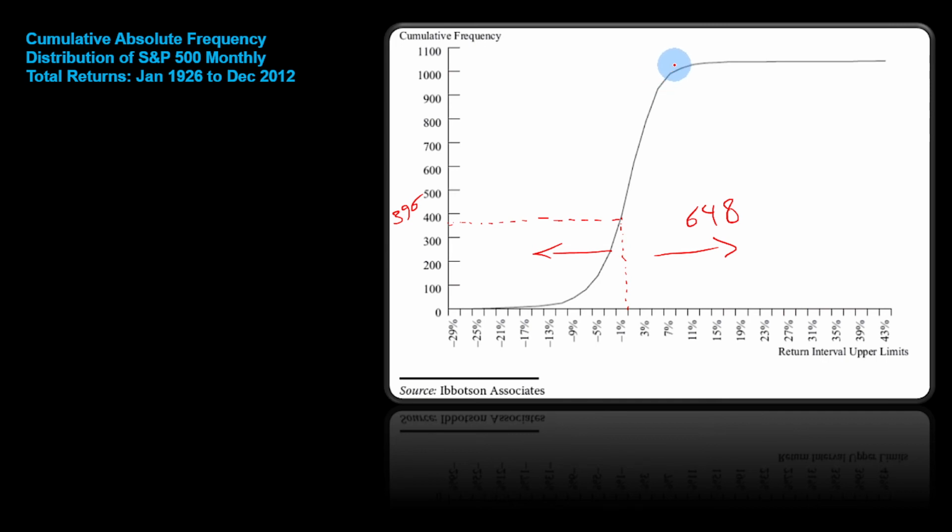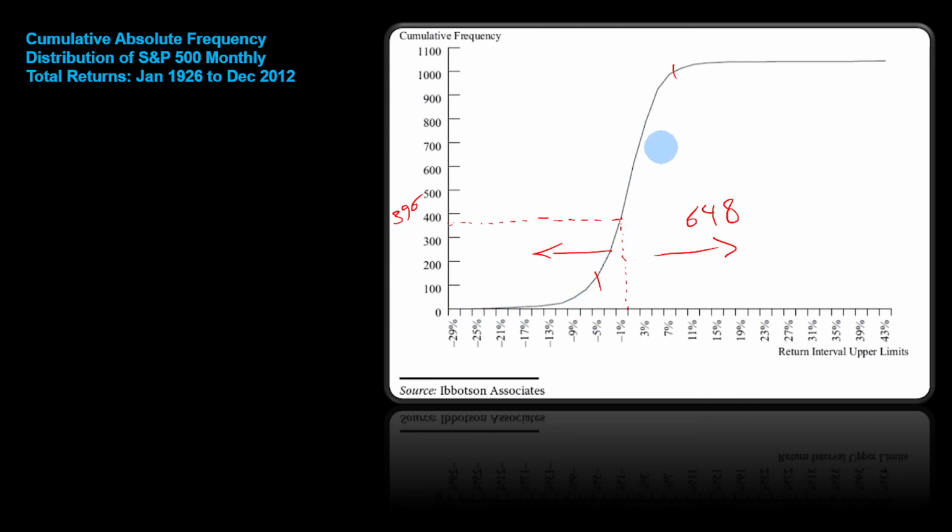So from here to here, we have the most returns in these intervals, and that is very much verifiable with the table. Over here we don't have that many returns. Over here as well, the line becomes flat relative to this one that is very steep.